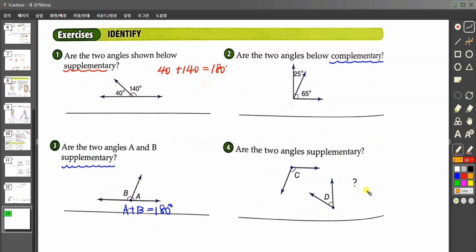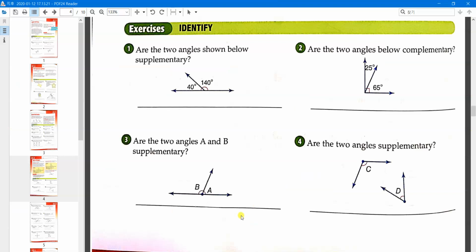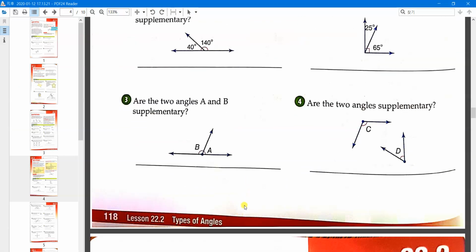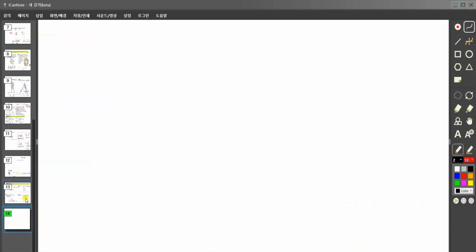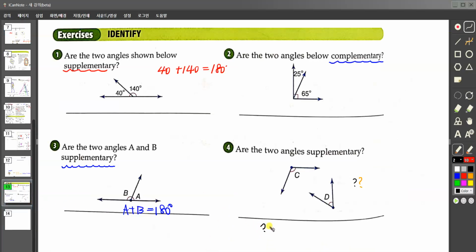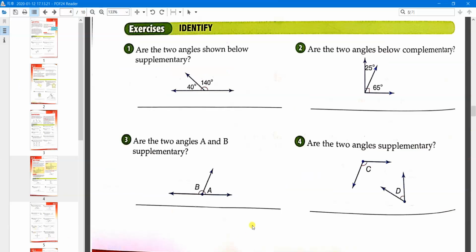I think there is no proper way to know whether these are supplementary or not. If we could use a protractor we could try, but there is no instruction to use a protractor. When you have a protractor, give it a try.